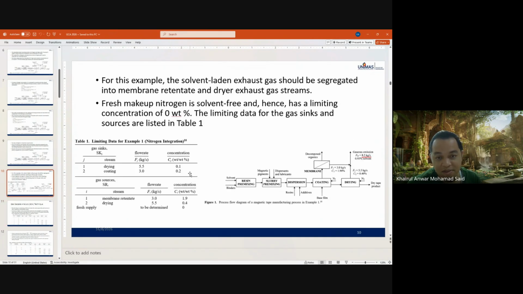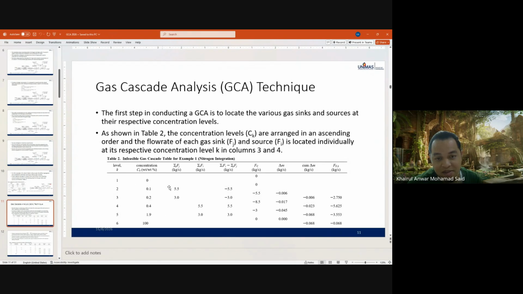Then once you have this data, you may construct this table two, which is like this perspective. So the peak negative interval and fresh peak flow rate is negative 5.625, which occurs at level 4. Therefore, the absolute thermodynamic minimum fresh nitrogen target is 5.60 per kg. So meaning this is the pinch.